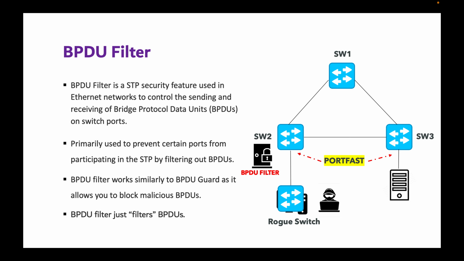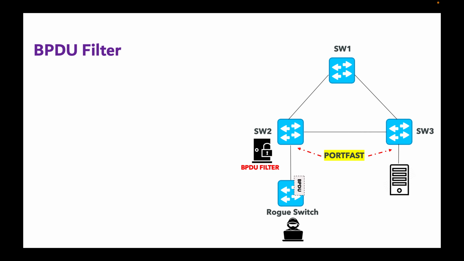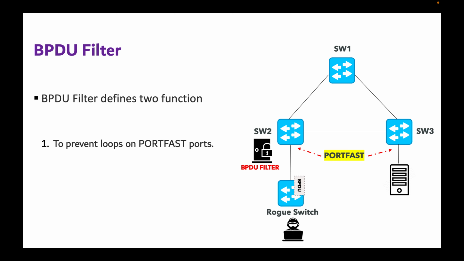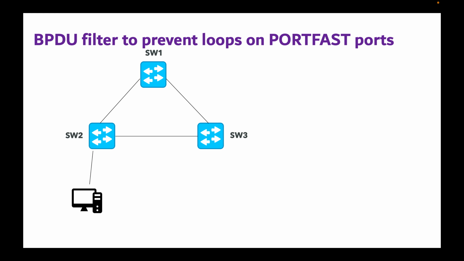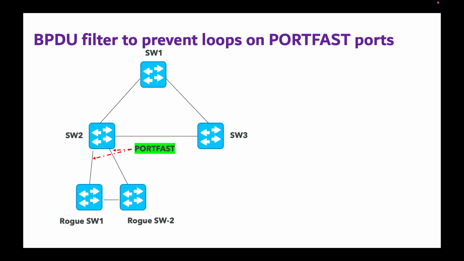The BPDU filter feature defines two functions under one feature name. One is BPDU filter to prevent loops on PortFast ports, and the other is BPDU filter to disable STP on a port. When you enable PortFast on access ports where end user devices like PCs are connected, you risk someone unplugging those devices and replacing them with switches.